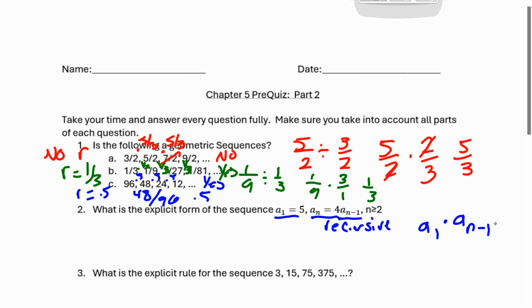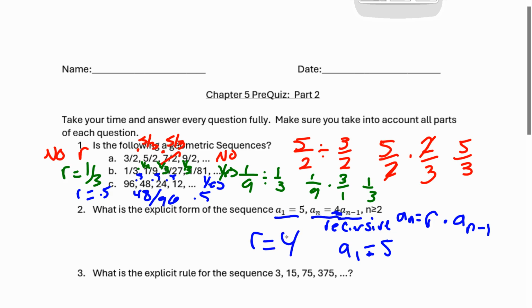That's what A sub n minus 1 means. A sub 1 equals 5. Sorry, this is my common ratio, so that's R times that. That is my recursive formula in general. So this 4 right here actually represents my R.